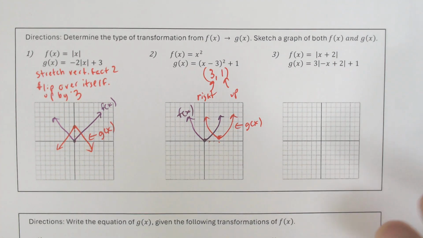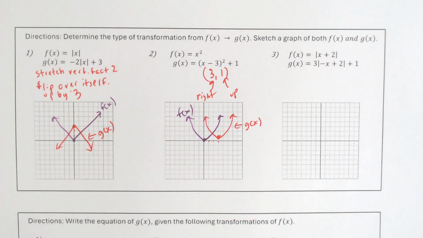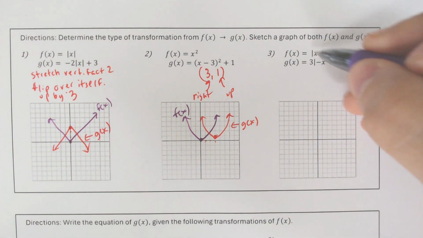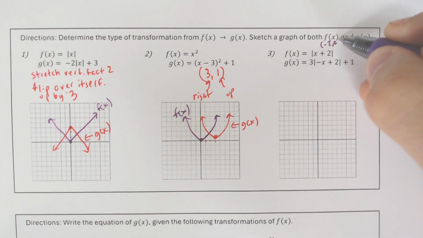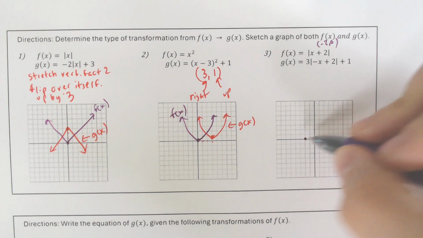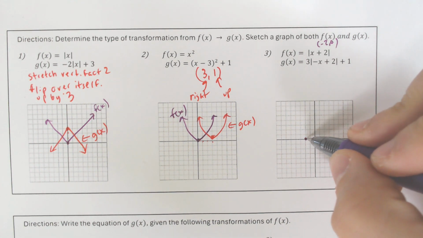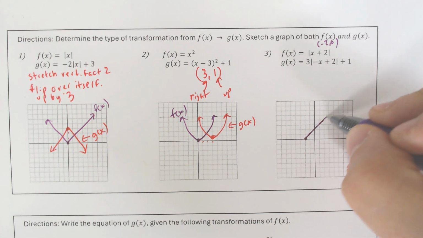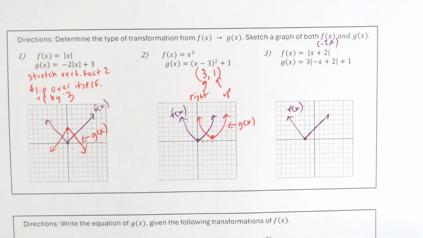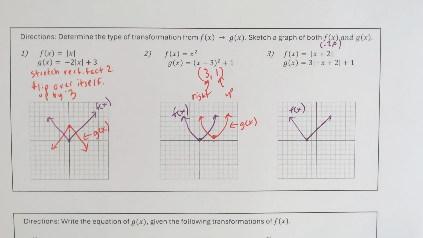All right. The next graph that we have, this one's going to be a little bit harder. F of x has a vertex at negative 2, 0, and that would be to the left by 2, and it is a basic absolute value, but just shifted to the left by 2. So it has the slope of up by 1 over by 1 and mirror imaged on the other side.